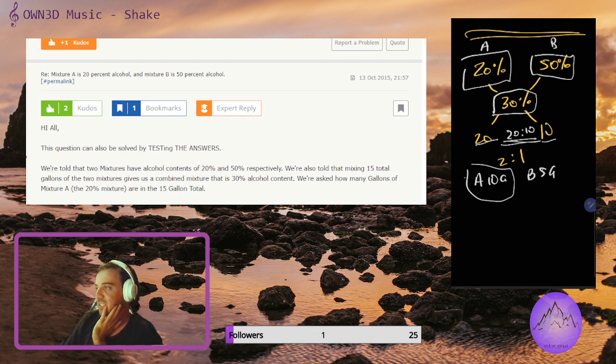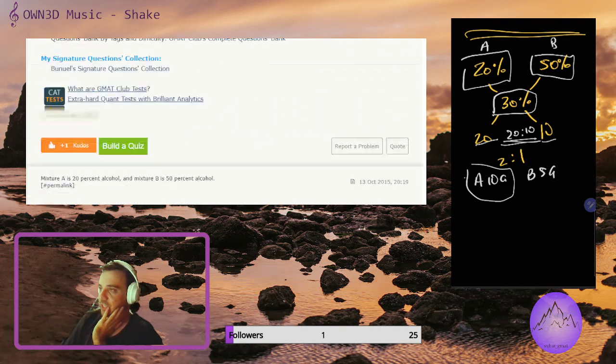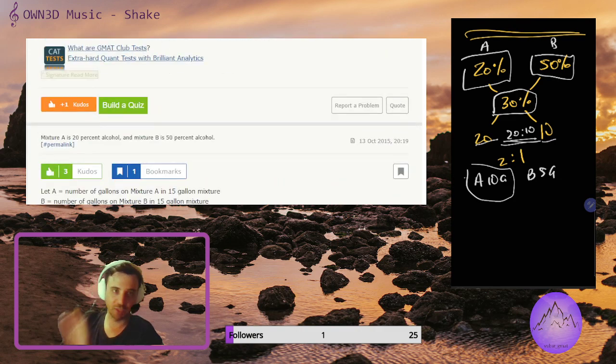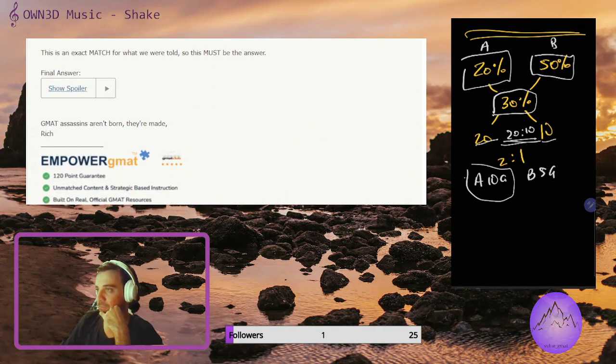So if there's 15 gallons, more than 7.5 of those gallons will be from mixture A. And so if we go back and check the answer choices again very quickly, if we have more than half being A, then that rules out A, B, and C straight away, which would have been a good thing to do for sure. And then now we only have answers D and E left, and that's why they're saying just plug them in and see what comes up.